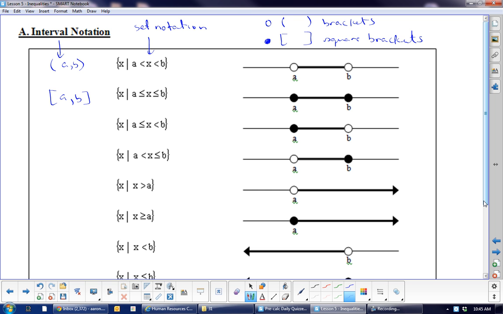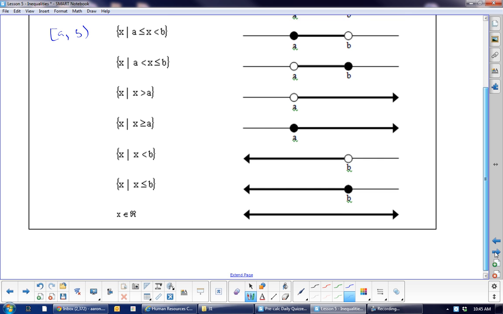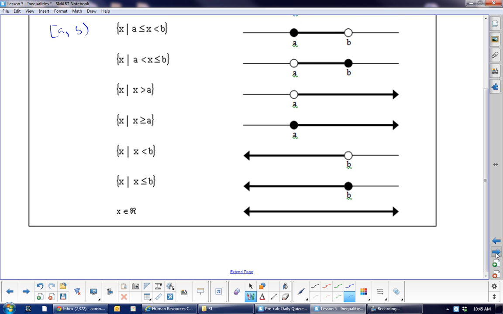In the next one, we'll have a square for A and a round for B. Next one would be the opposite, right? A is going to have round, B will have square brackets.